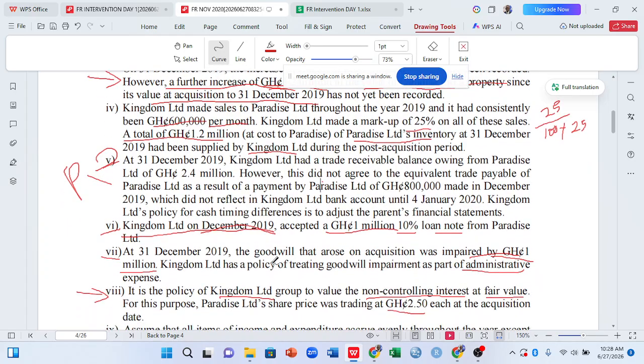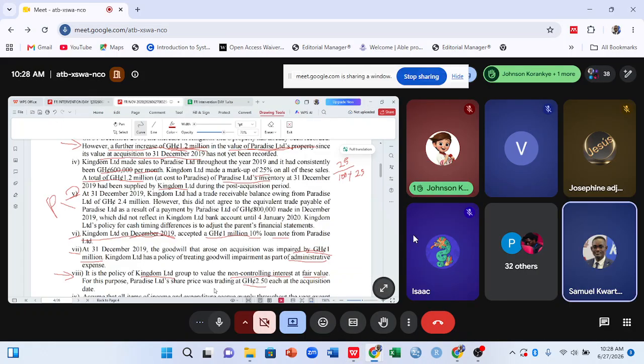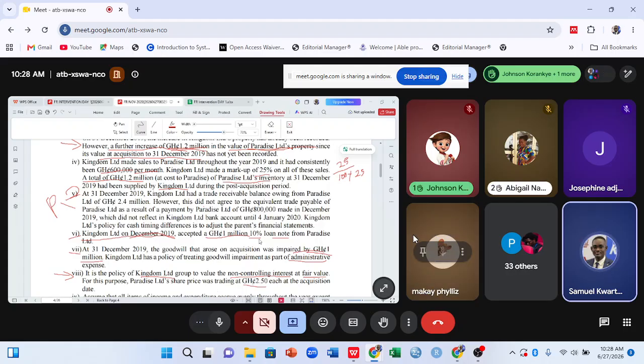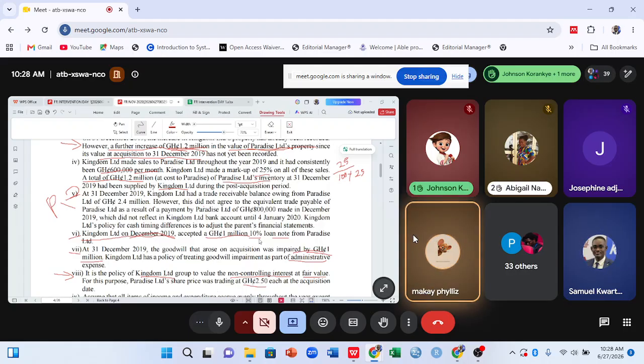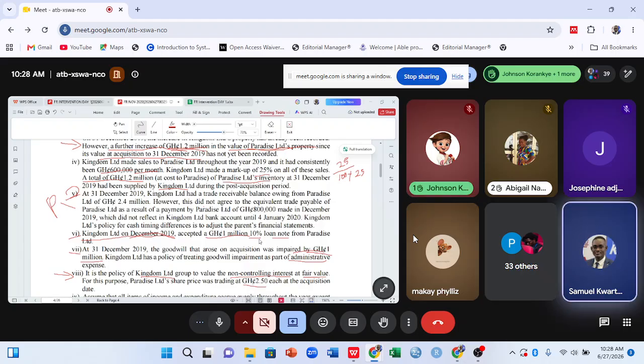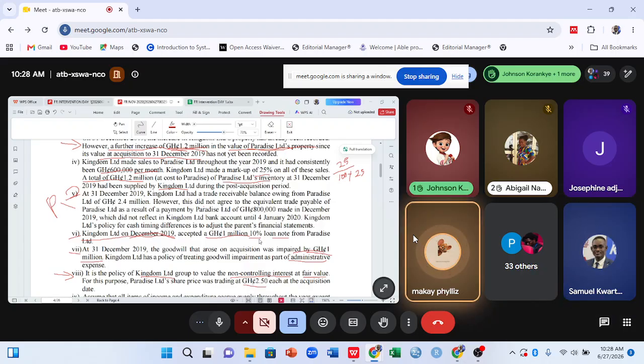Can we get a reader to read this one for us? Is Felix here? Yes, sir. Go ahead. Note B. At 31st December 2019, Kingdom Limited had a trade receivable balance owing from Paradise Limited of 2.4 million.